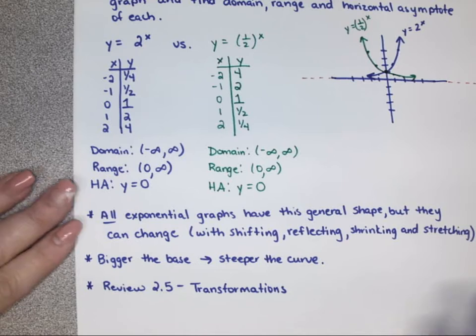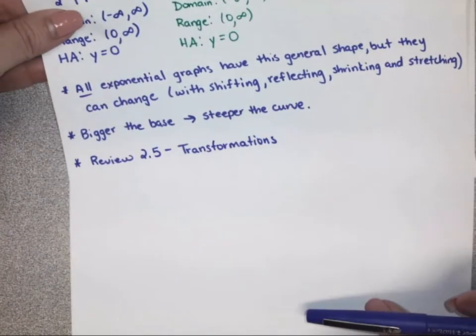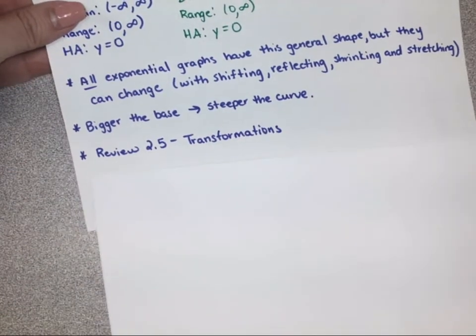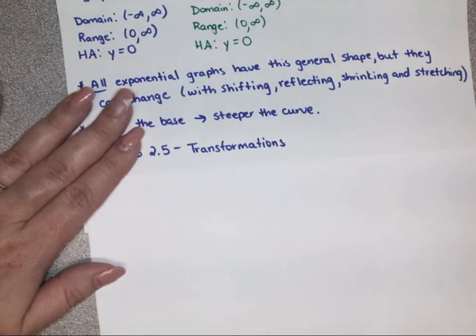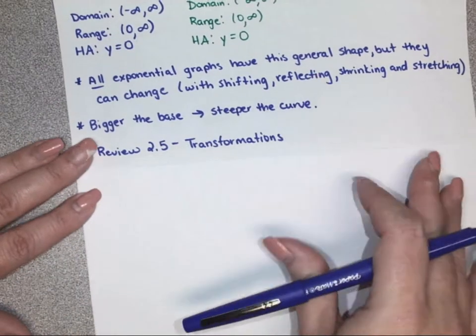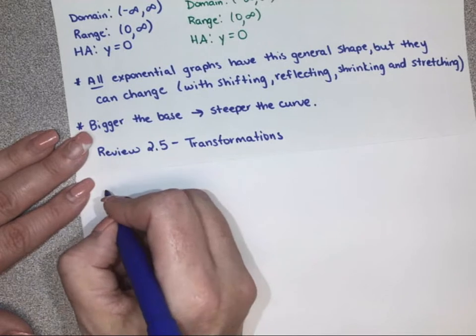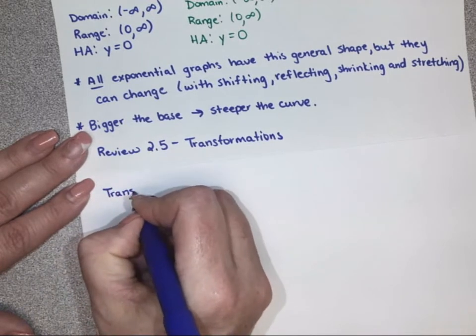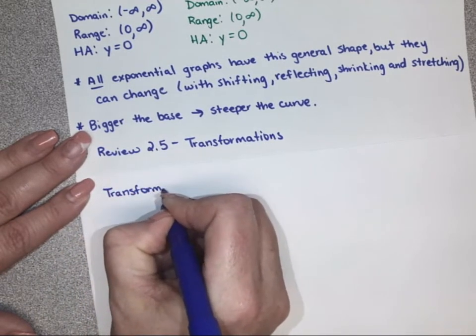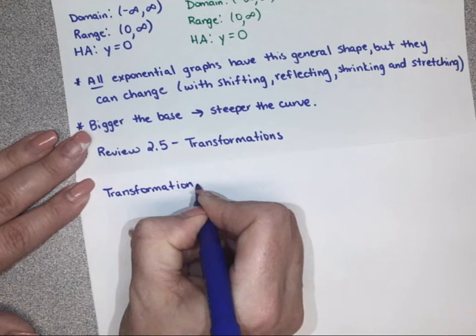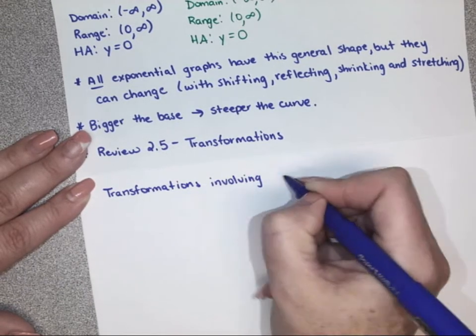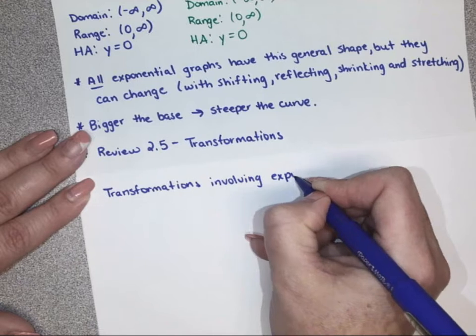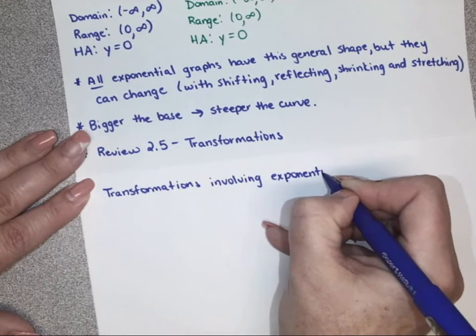Okay. All right, so let's look at some transformations involving exponential functions, and I'm going to handle it pretty quickly because, again, we've really already covered this back in section 2.5. So if you don't like the speed at which I cover this, then you just maybe need to go back and take a look at section 2.5 and make sure you know all of those 6 changes.